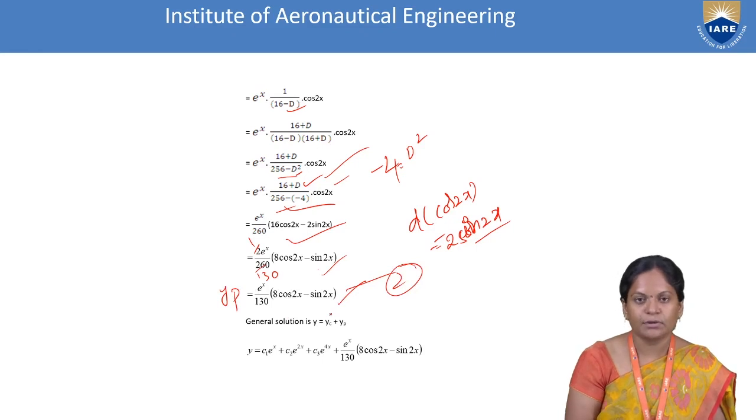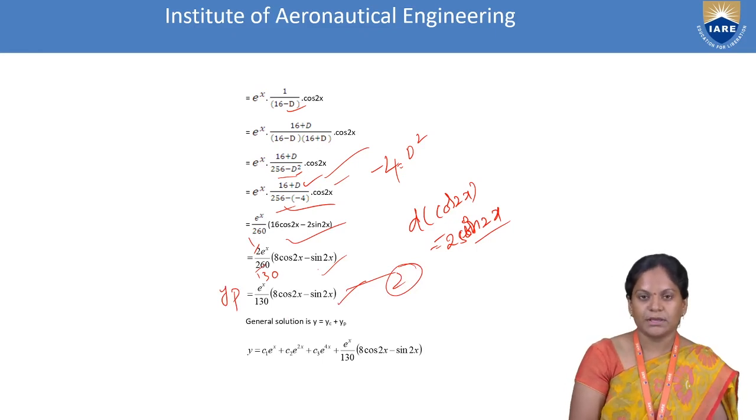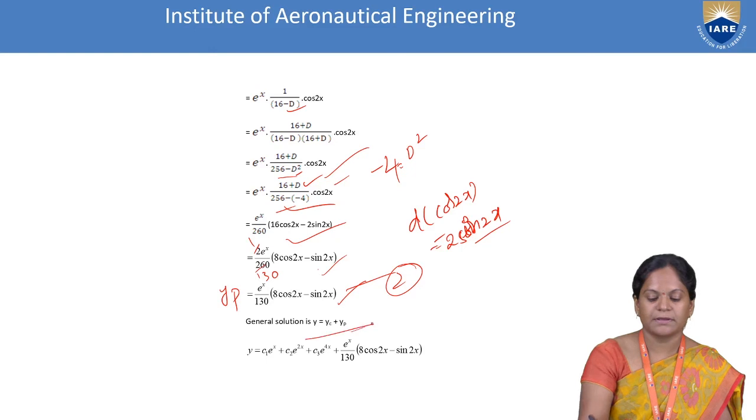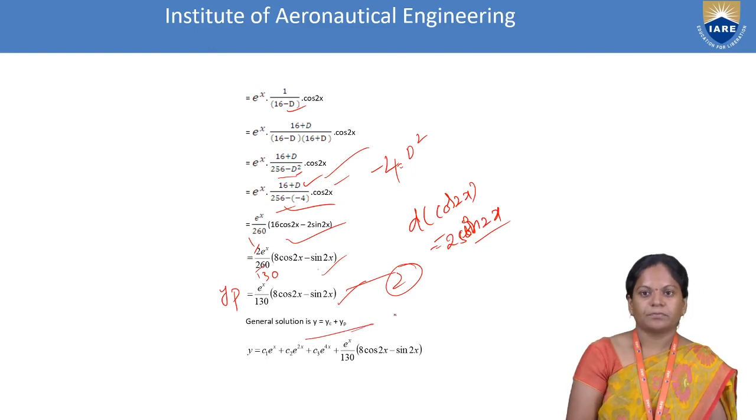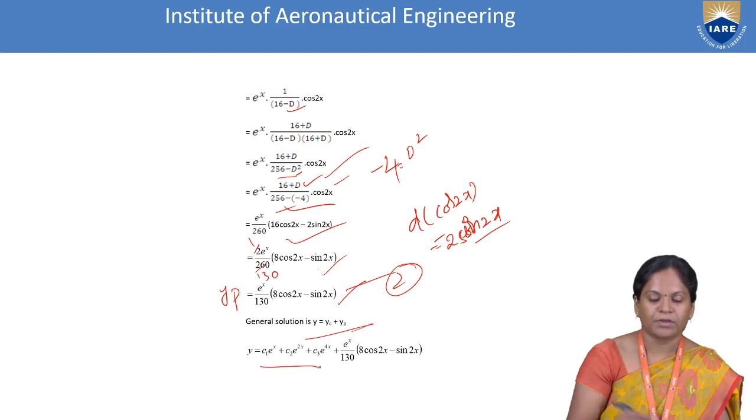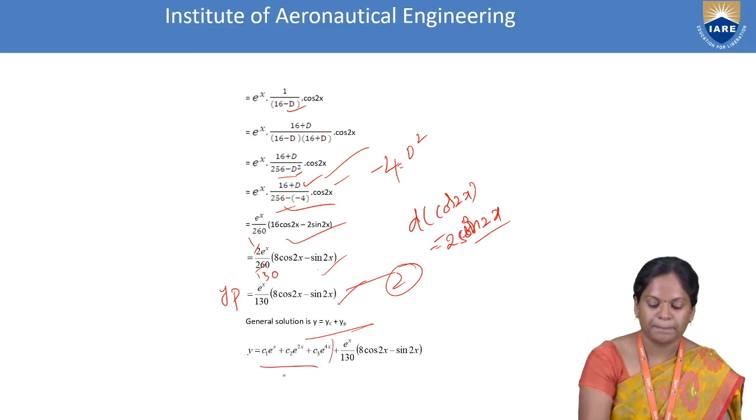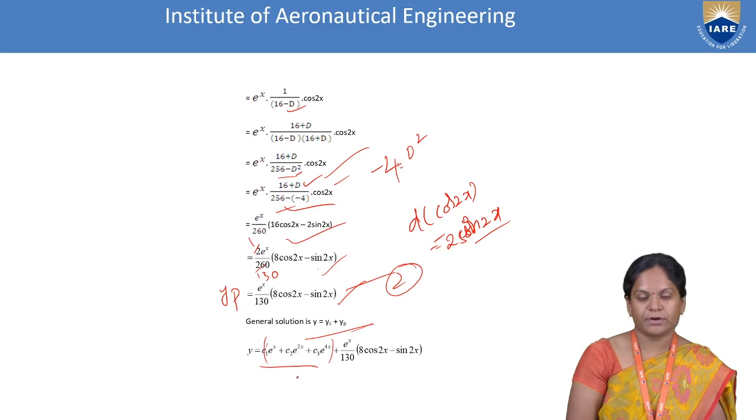What is our general solution? The general solution is y equal to yc plus yp. Y equal to yc is nothing but c1 e power x plus c2 e power 2x plus c3 e power 4x, based on the roots we found. This is completely the complementary function. And what is the particular integral?